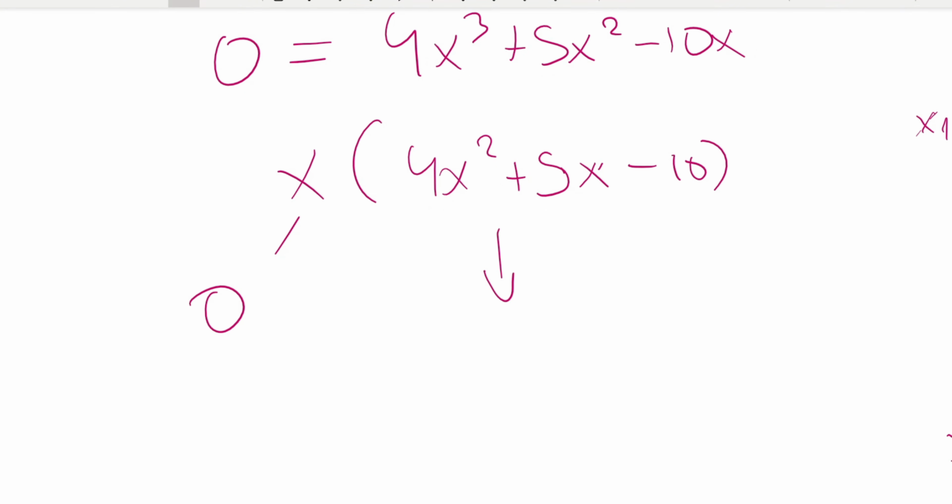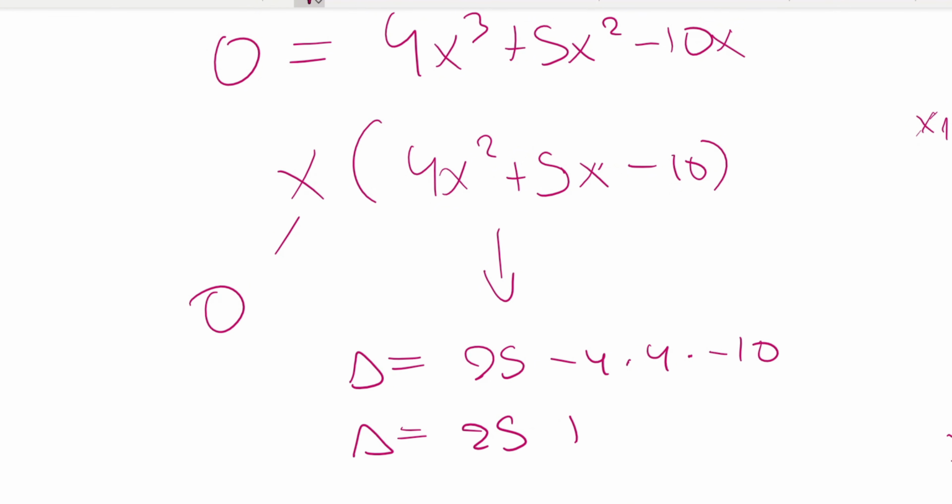This x is going to be 0 and we can do the quadratic formula here. So I'm going to start with the square root, but first I'm going to call that delta, and we're going to do 25 minus 4 times minus 10. The delta would be 25 plus 4 times 4 is 16, and 16 times 10 is 160.